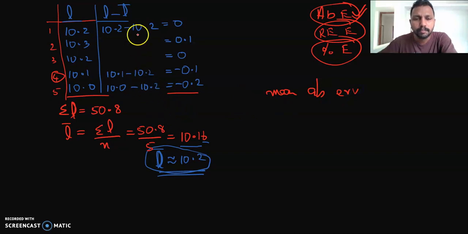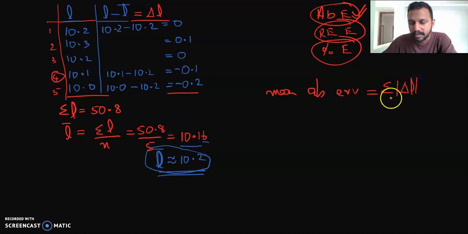L minus L bar is called delta L. The formula for finding out the mean absolute error is sigma mod of delta L divided by N. That means we have to add the numerical values of all these, divided by 5.